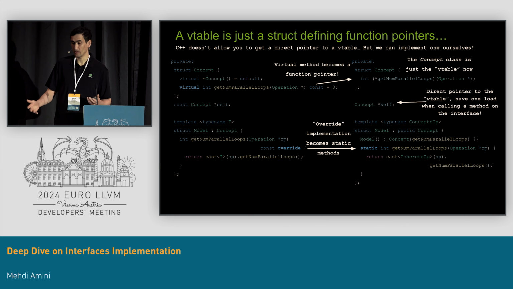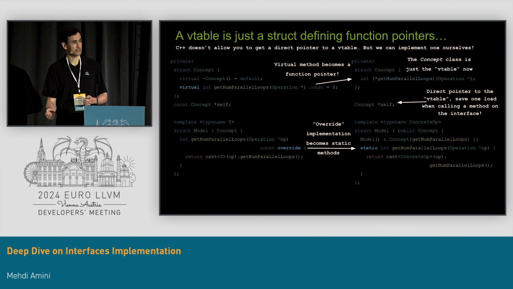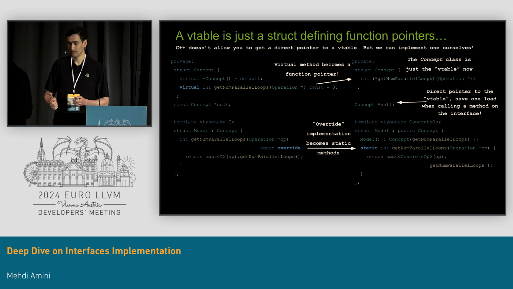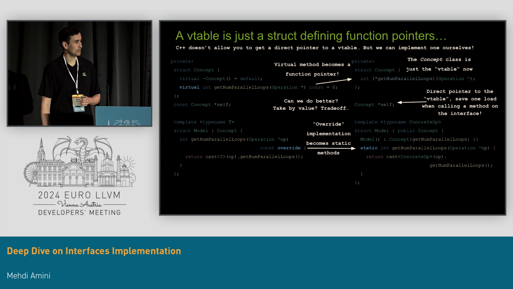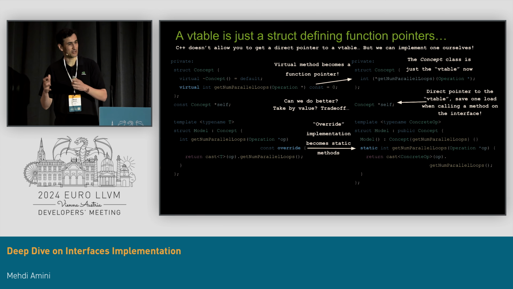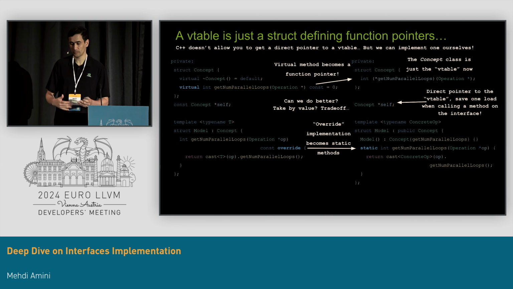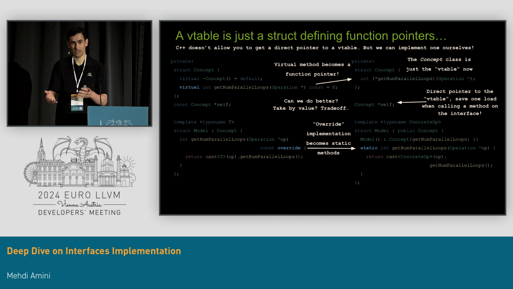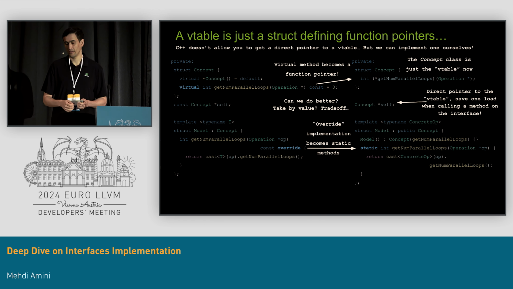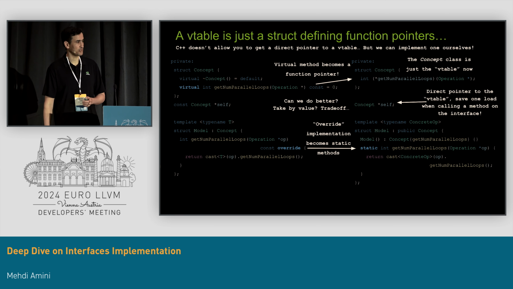And so now we save one load when we call a method on an interface and do this dynamic dispatch. We could even go further. Instead of having a pointer to the concept, we could take it by value. We could inline the vtable even inside the interface if we wanted to. So that would be a trade-off of the size of the interface, which is passed by value often, and the indirection there is when you do a virtual call.